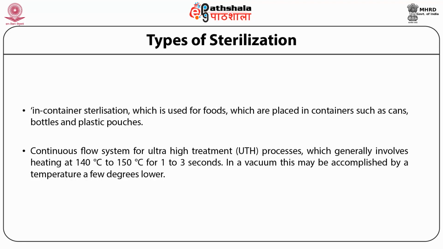In this method, ultra heat treatment processes, which generally involve heating to 140 to 150 degrees centigrade for 1 to 3 seconds, are used, which is the fourth type of pasteurization we have covered earlier.